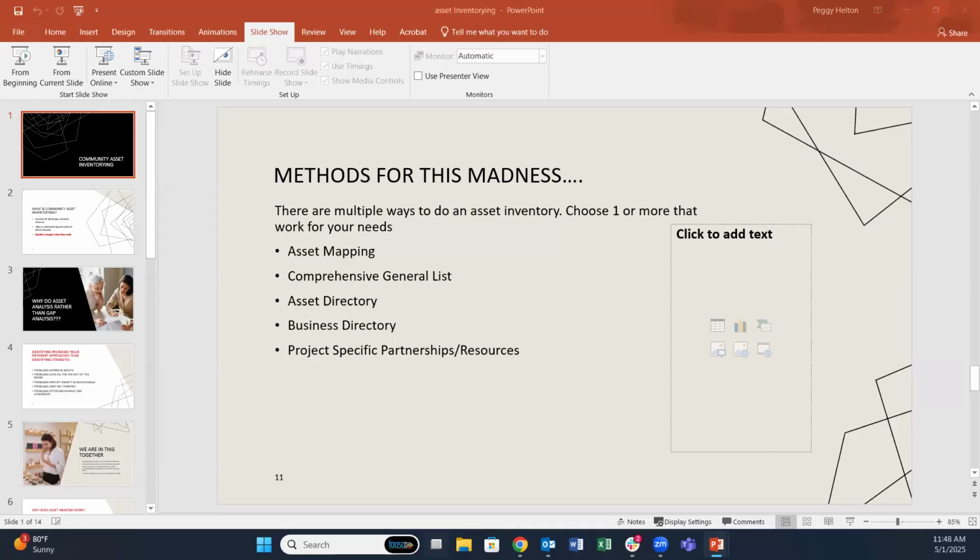But you can divide people into smaller work groups and come up with different resources, maps, or directories that are helpful for more specific things. So you may say, we want one that's just for crime victims, or just for food insecurity, or any number of products that come up.